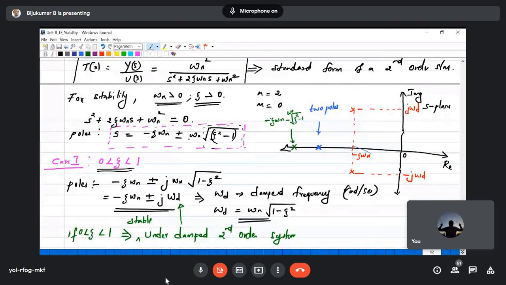So the poles are distinct, and there is no complex part in these poles when zeta is greater than 1.